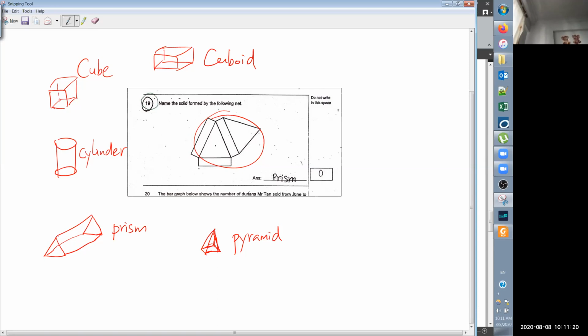You will get something like this. Prism. Let me see. Yep, you get a prism. Why did you circle this?